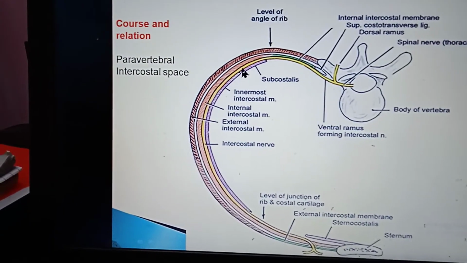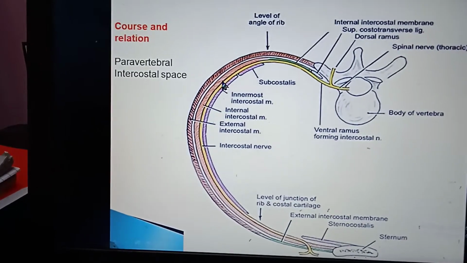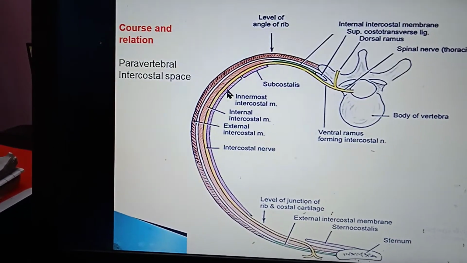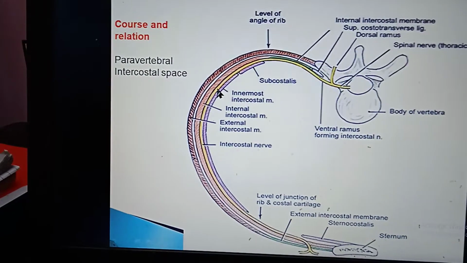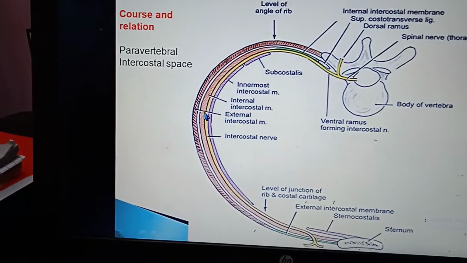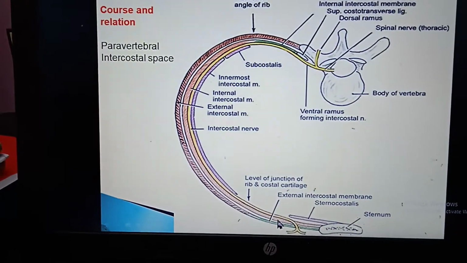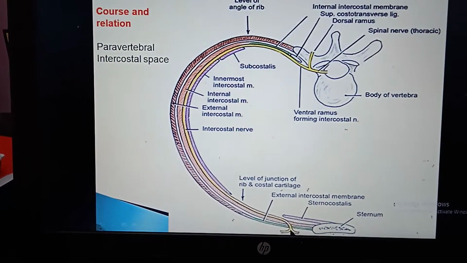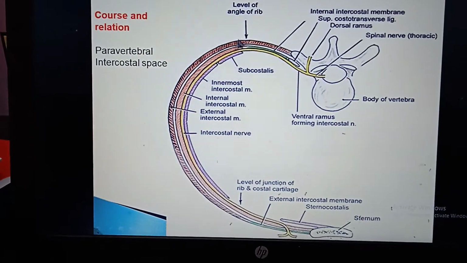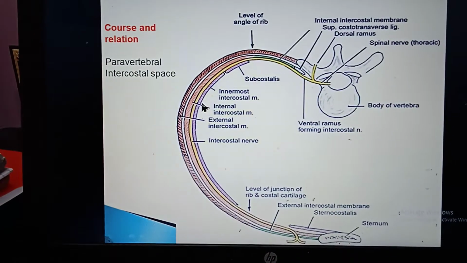So in the intercostal space, it runs in between the second and third layer, in the costal groove, and in lowermost position. Okay, so this is the intercostal nerve, and it comes out anteriorly and gives rise to various branches.